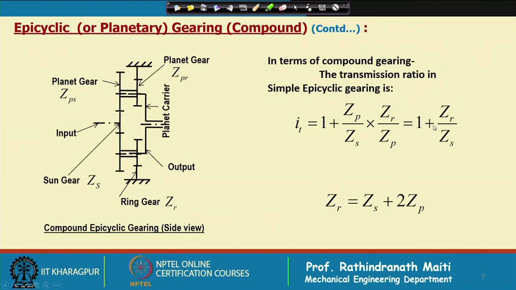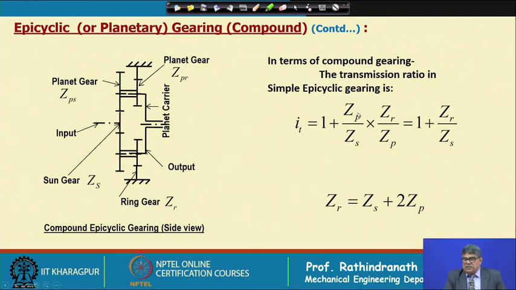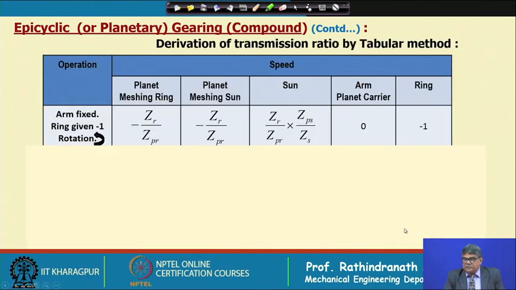So, this will become 1 plus ZR by ZS. This holds if we make this teeth number the same, and also we can see ZR is equal to ZS plus twice ZP, the number of teeth in the planet in simple gearing.